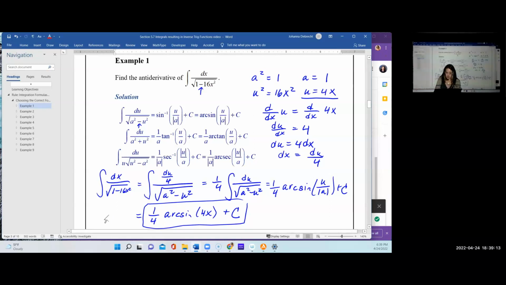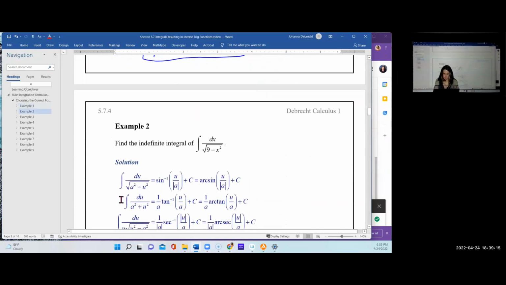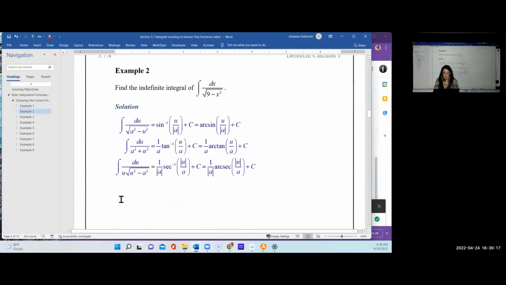Now let's take a look at example 2. In example 2, we again have an integral of dx divided by the radical of 9 minus x squared. The radical and the subtraction is a dead giveaway that this is probably arcsine or arcsecant. Because it is a constant minus a variable, it is again going to involve the arcsine as part of the antiderivative function.